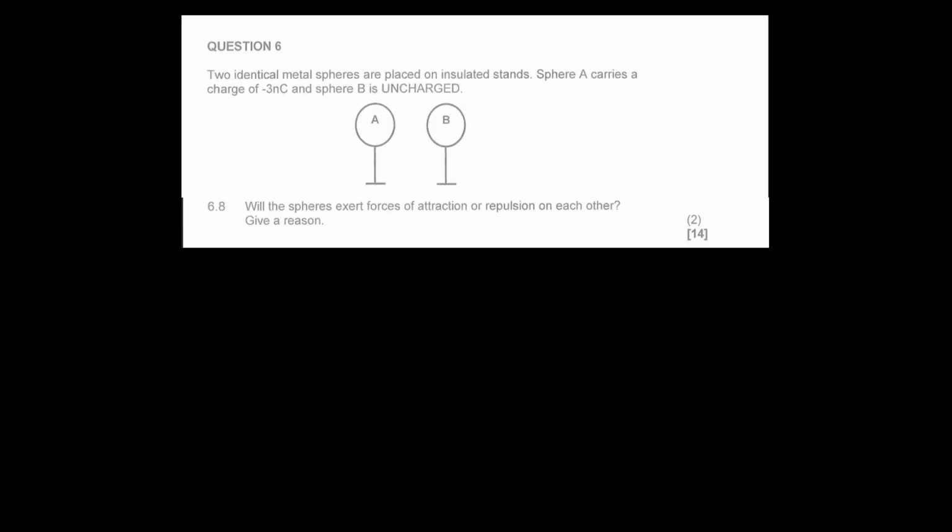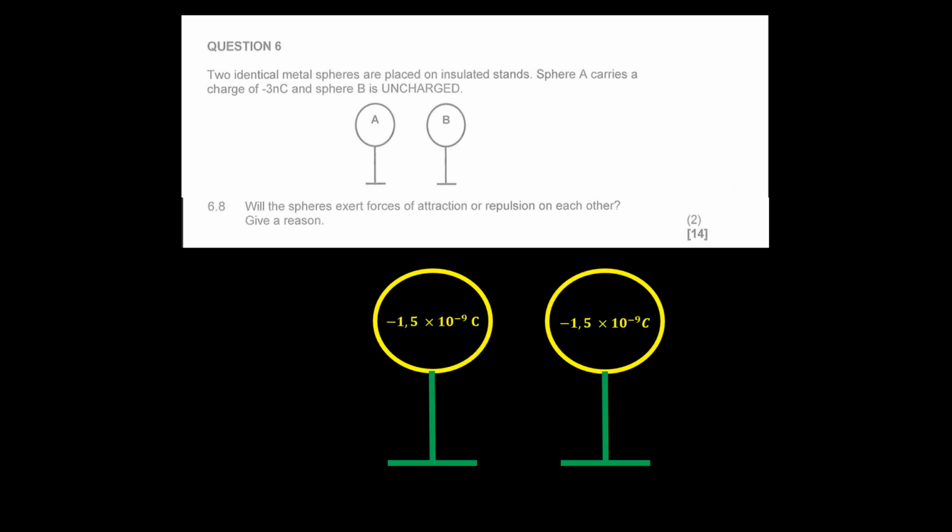Question 6.8. Will the spheres exert forces of attraction or repulsion on each other? And you must give a reason for your answer. Don't you hate those types of questions where you have to reason? So after touching, the spheres have equal amounts of negative charge.